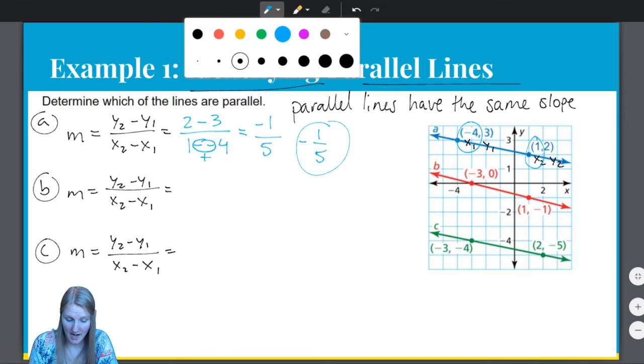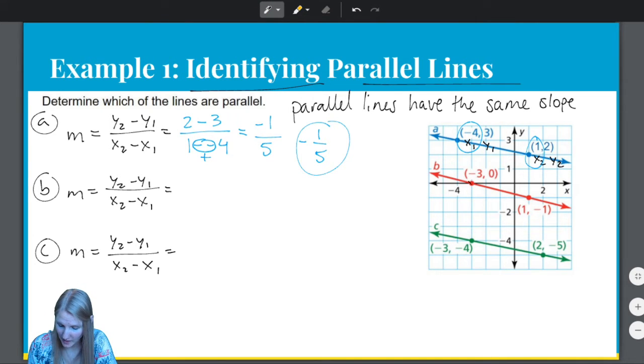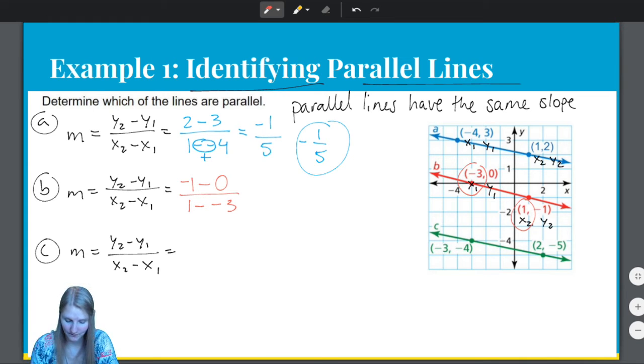Okay, now let's move on to the red line. We have x1, y1, x2, y2. And y2 is negative 1 minus y1 is 0, divided by x2 is 1 minus x1 is negative 3.